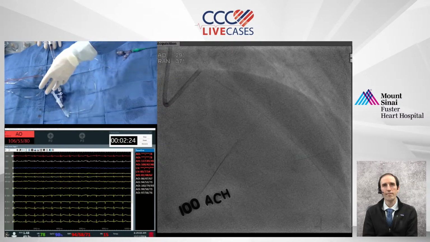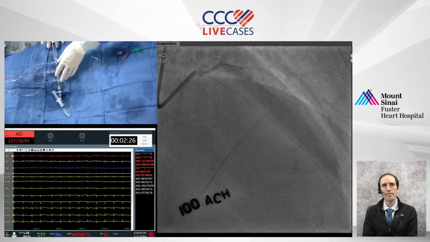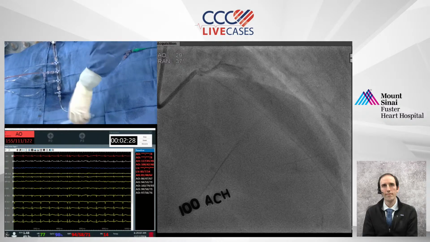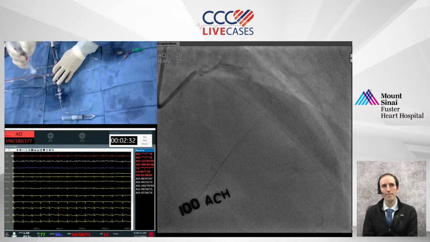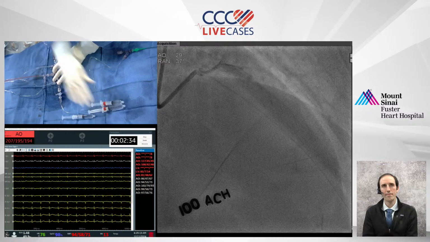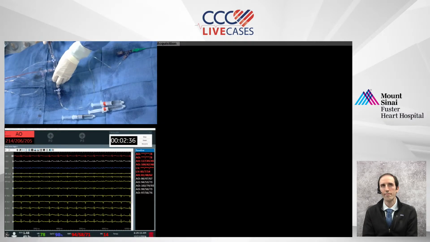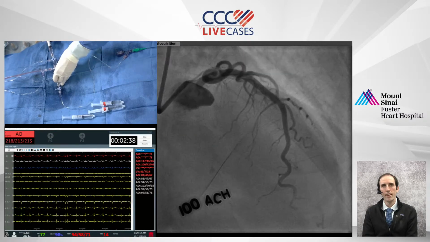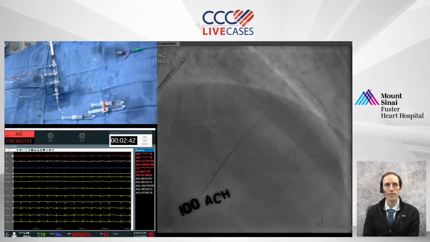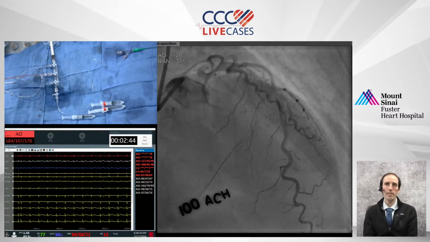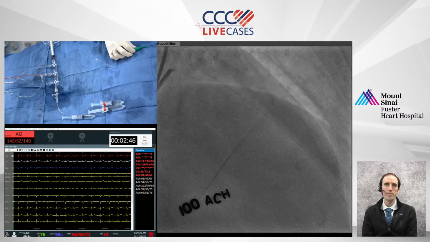Yeah. So this is now 100 mics. One very important learning: this nitroglycerin always has to be on the table when you're doing these studies. Yeah. Beautiful. So essentially negative. Our guide popped out at the end there.